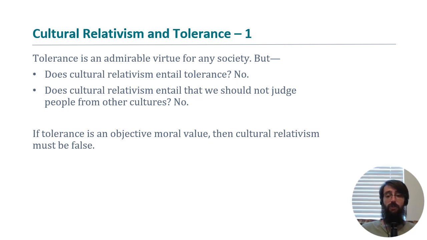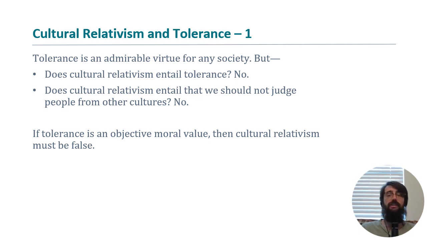If it's objectively true that we should not judge people from other cultures, then that would be an objective moral truth. Of course, in some cultures, it is okay to judge people from other cultures. So if we say we shouldn't judge people from other cultures and we're relativists, then we recognize that that's just one belief that someone could have, but it's not absolutely true across the board or universally true.